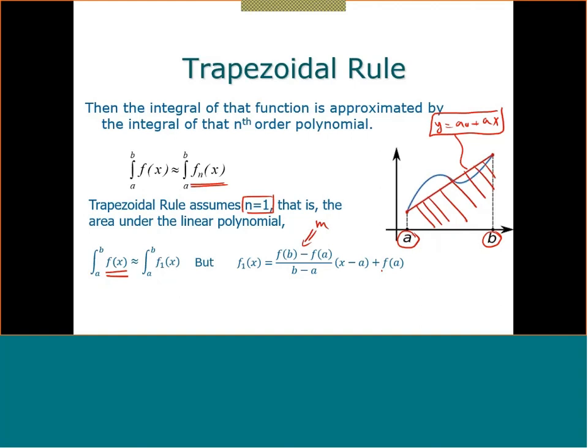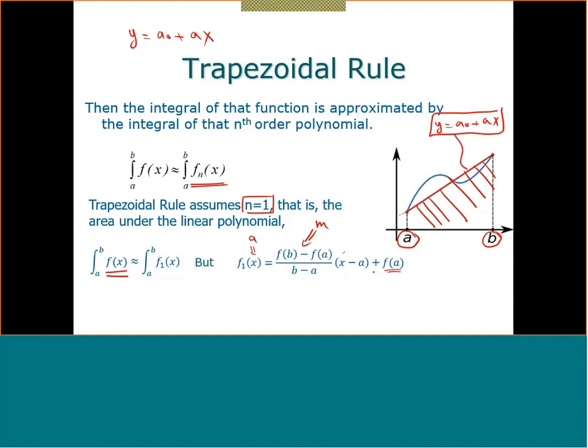Now, just to show that this is exactly like y equal to a0 plus a1x, it's the same curve. Let's calculate this function f1 at a. If x is a, when I substitute x as a, this becomes 0. So f1 of a is f of a.